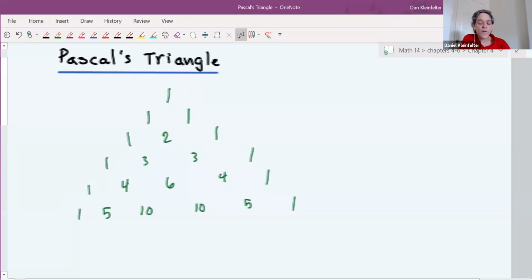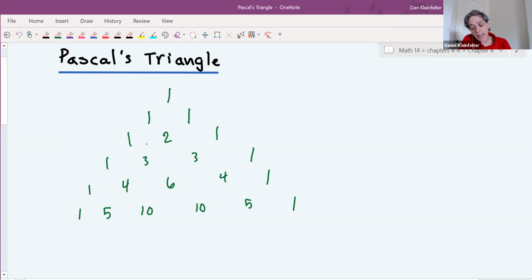Okay, so here's the first couple of rows of Pascal's triangle. I wanted to point out how this triangle is constructed. First of all, it's, like I said, a triangular array of numbers, and the start and end of each row is a 1. So each row starts and ends with a 1.